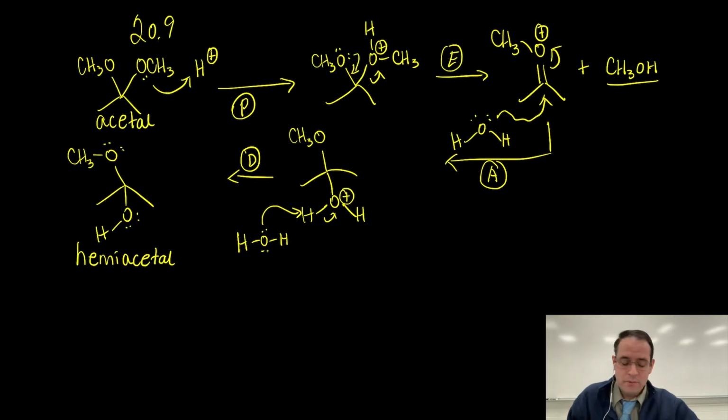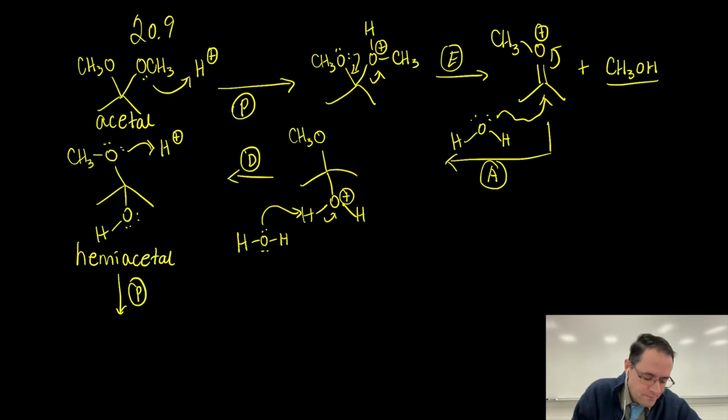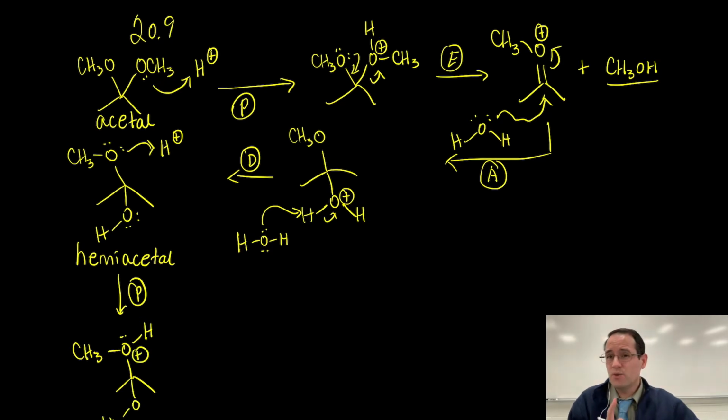Now what we need to do is protonate the methyl ether there on the top. This will enable it to be a better leaving group. As always, use the lone pairs that are adjacent to that leaving group.